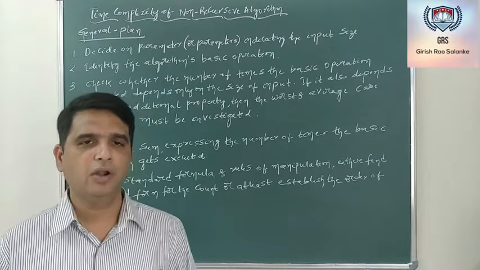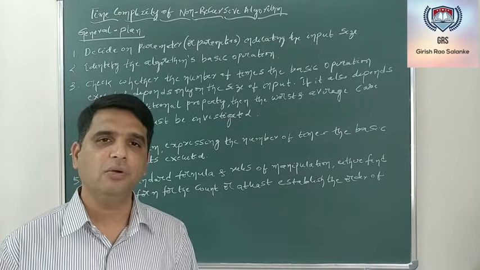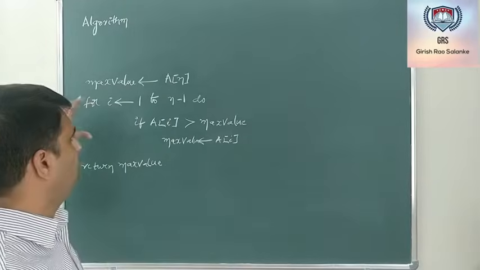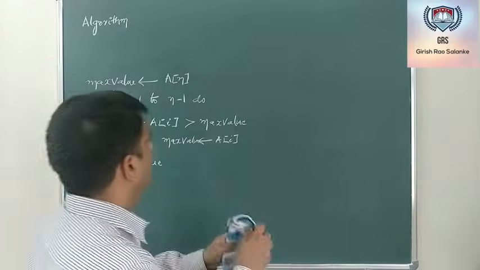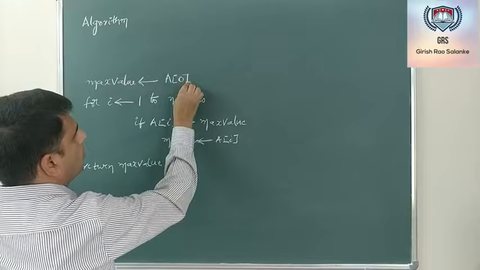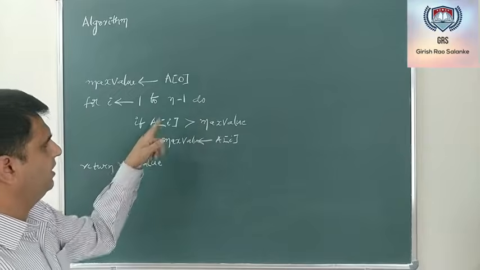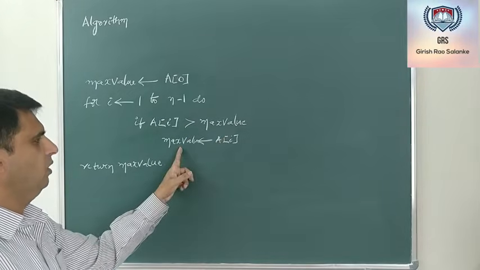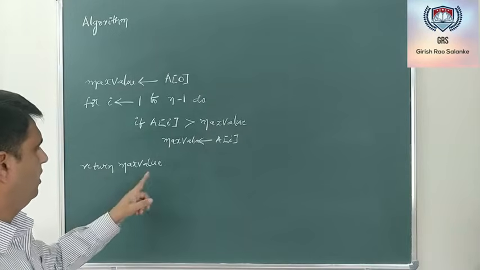Let's take one or two examples to see how to find the time complexity of a given non-recursive algorithm. Coming to the first algorithm, I have initialized the max value to be equal to A of 0, and there is a for loop running from 1 to n minus 1, and there is a condition: if A of I is greater than max value, then max value is initialized to A of I, and finally we return max value.